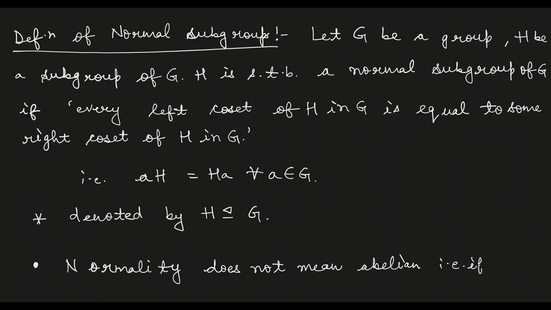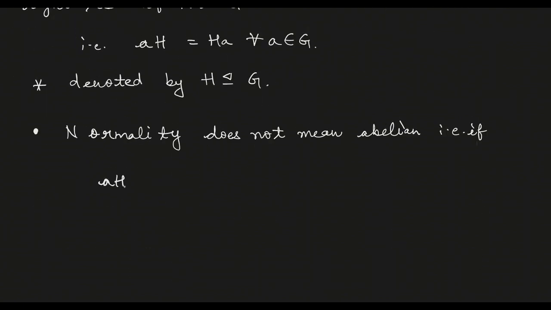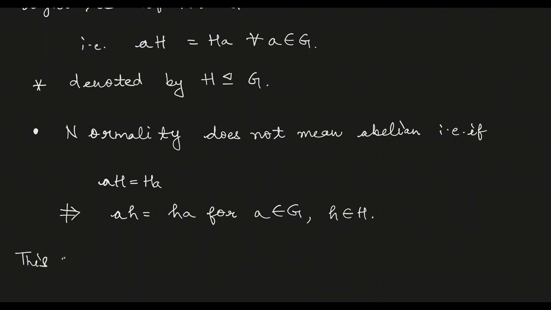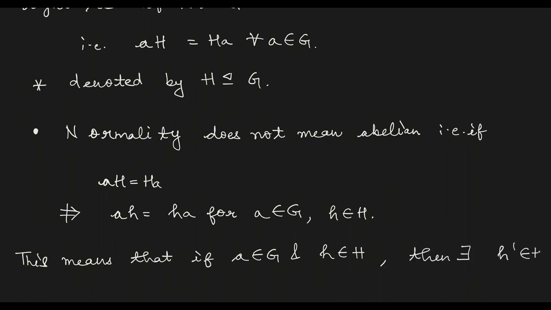That is, if aH equals Ha, this does not imply that ah equals ha for a belongs to G and h belongs to H. This means that if a belongs to G and h is an element of subgroup H, then there exists h' belongs to H such that ah equals h'a.